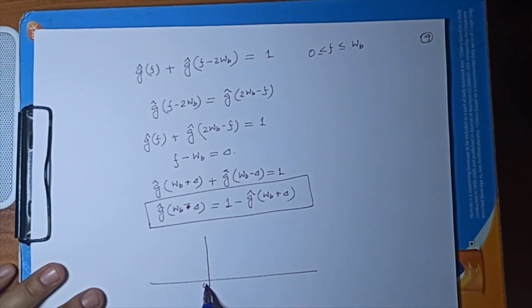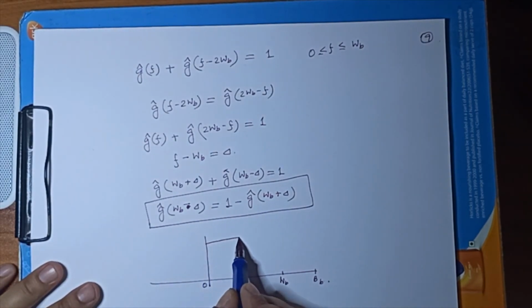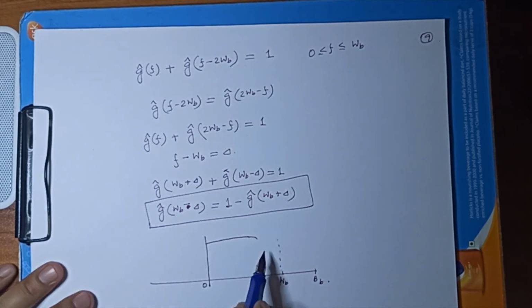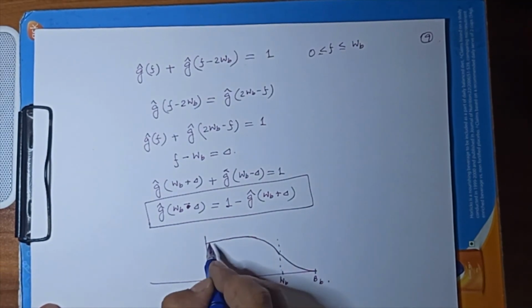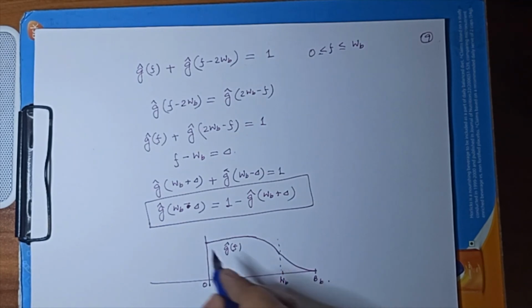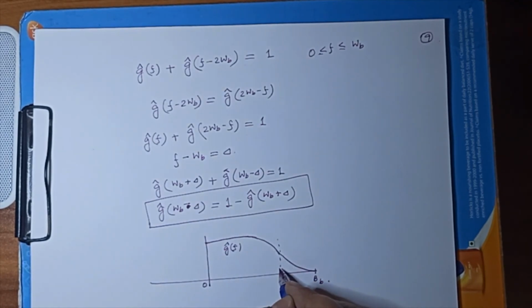So suppose this is 0, this is WB, and this is BB, and I have my plot which is like this. This is my plot of G hat F. You see delta is basically the deviation from WB.